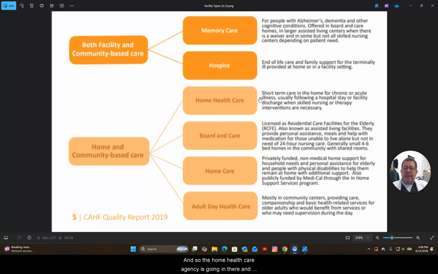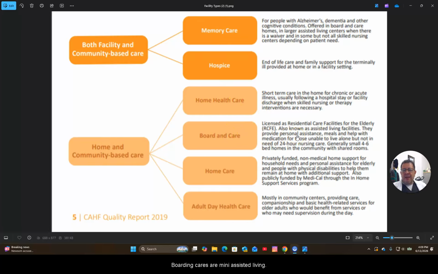And so the home health care agency is going in there and doing the therapy and doing the services. Somebody needs to ask, you know, when was the last time you had your teeth cleaned? Because there's so much inflammation. That's not going to help anything, right? So we all know all this. C-reactive proteins in the liver and so on. Well, anyways, that is home health care.